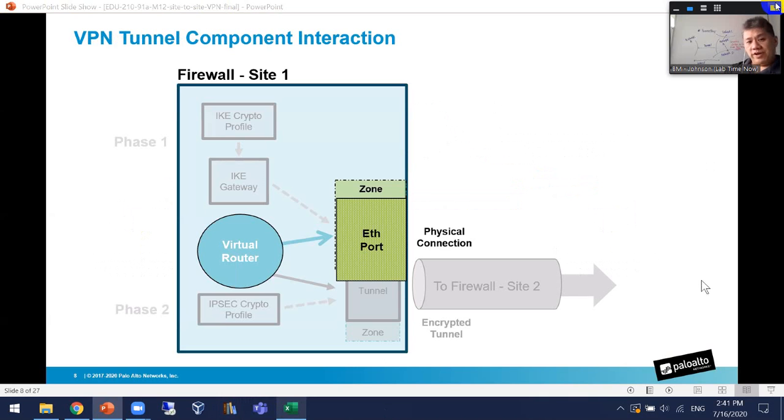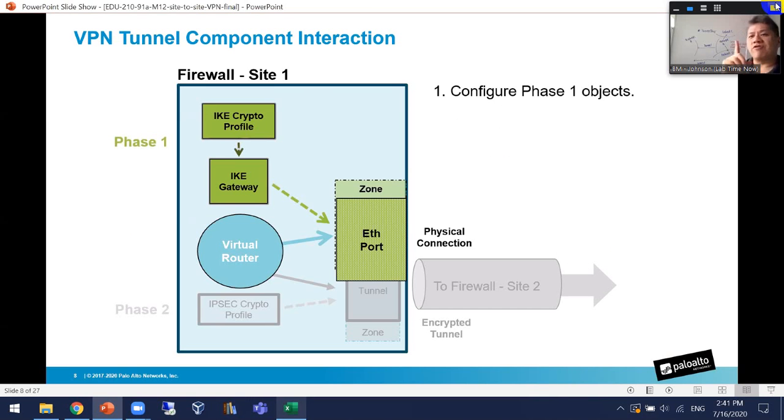There'll be a few things for us to create. What we are going to do is show you this picture. So you have your phase one, which is your IKE crypto, your IKE gateway. Because you're going to do the peer ID identification, what you need is a key exchange. That's why we are doing phase one. And in phase one, everything is IKE driven: IKE crypto, IKE gateway.